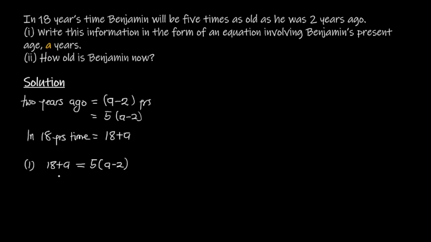Alright, so let's solve this equation and find Benjamin's current age. So we have 18 plus A is equal to, let's expand this bracket, 5 multiplied by A will give us 5A, 5 multiplied by negative 2 will give us negative 10. So I will maintain the 18 here and bring the negative 10 to the other side of the equal to sign.